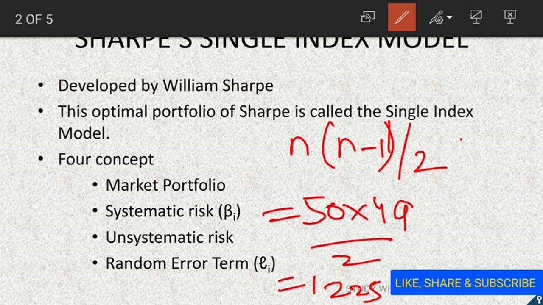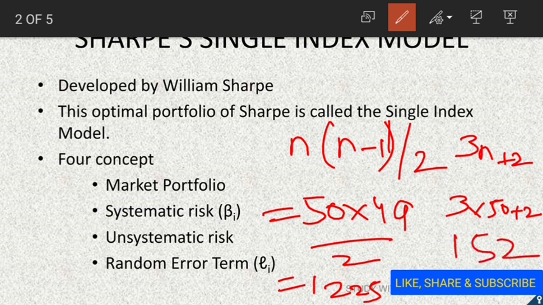But according to Sharpe's model, the formula is 3n plus 2, meaning 3 multiplied by 50 plus 2, that is equal to 152. So the number of calculations in the Sharpe's model is only 152. In this way, the Sharpe's model will help in constituting the portfolio with a lesser number of calculations.